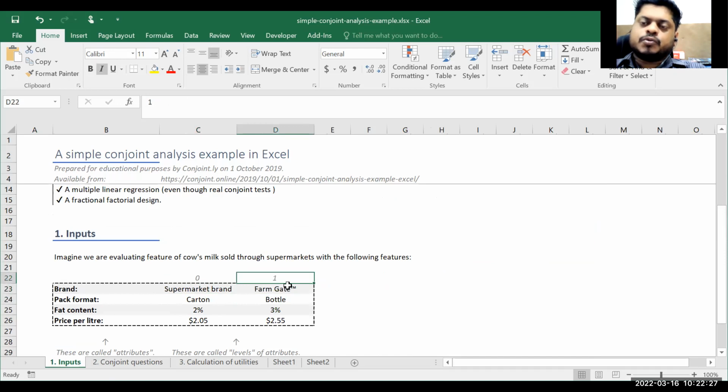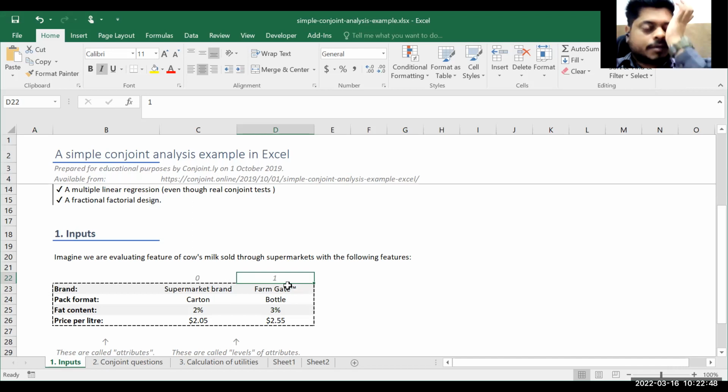So let's say for brand, or for any of the attributes, there are 3 labels. How many dummy codes would I have created? Because here everything is 2, right? I should have additionally created one more variable.